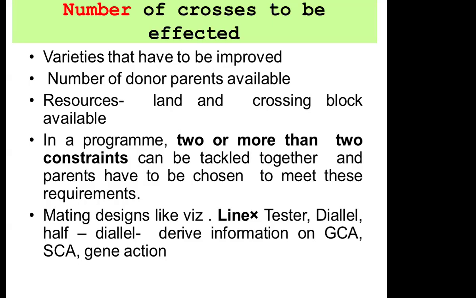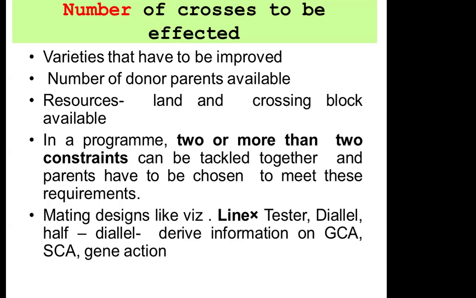And the same can be done in line into tester or diallel. This information on GCA and SCA will go a long way in deciding the combining ability, which is very important. When we have parents with high general combining ability, we are sure of getting improvement with respect to that trait.